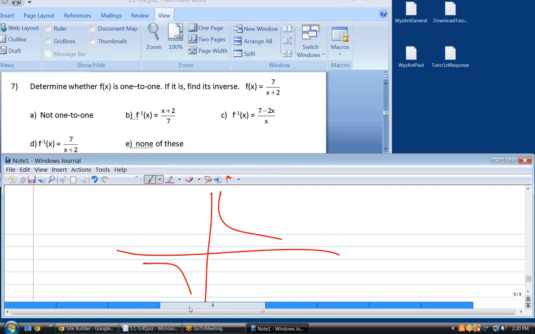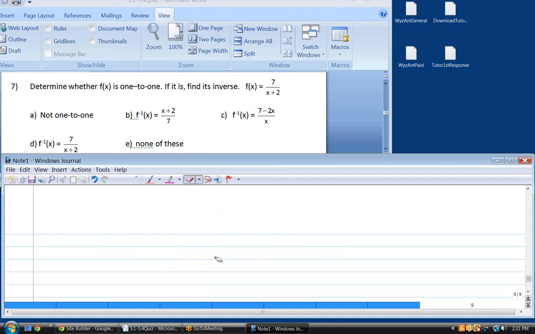Well, then yeah, it is 1 to 1. In other words, it's the same as y equals 1 over x, which looks exactly like that. This just has an asymptote that moves to the left and a little bit of a vertical stretch, but it is 1 to 1.